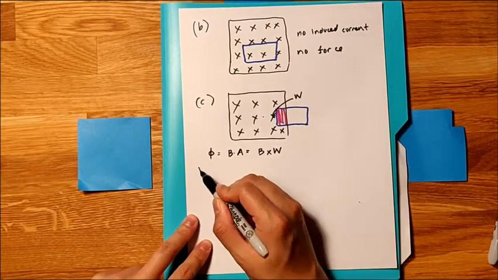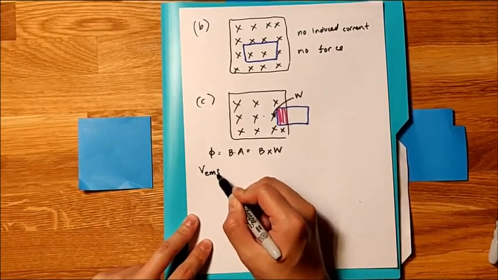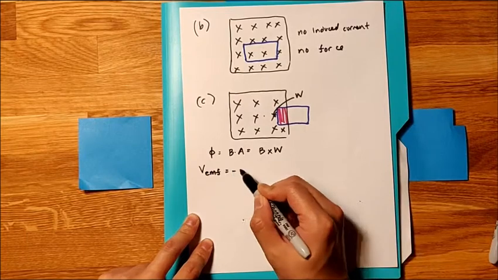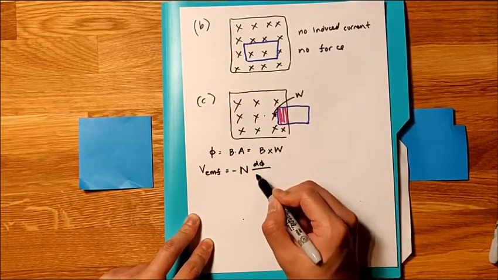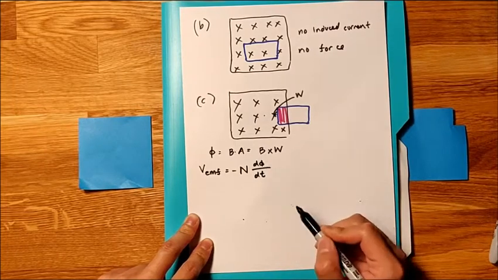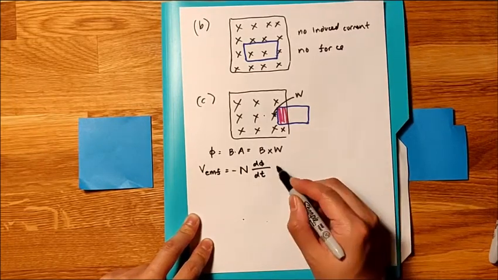So finding the EMF will be the same formula, negative N dΦ over dt, or d flux over dt.